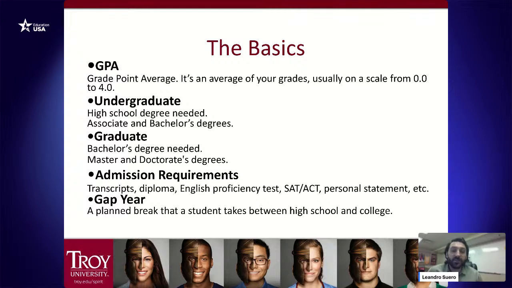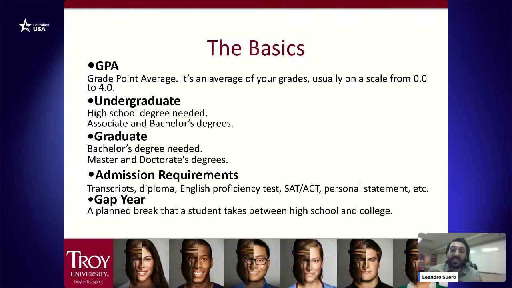And then other requirements that you might have to submit are maybe a personal statement, a letter of recommendation. If you're applying to a graduate program, there will be other tests that you have to submit, for example, the GRE or the GMAT, right? But again, in a nutshell, the basic documentation that you have to submit are your transcripts, your English proficiency test, and your either high school or university diploma.